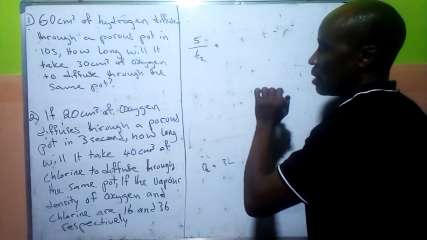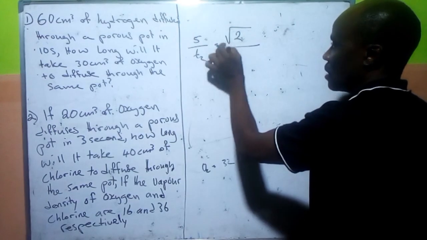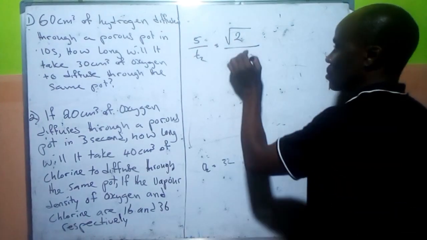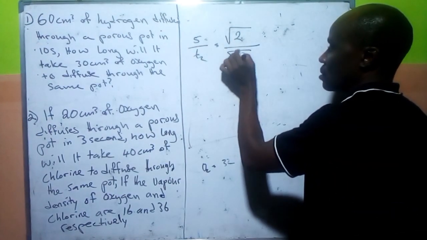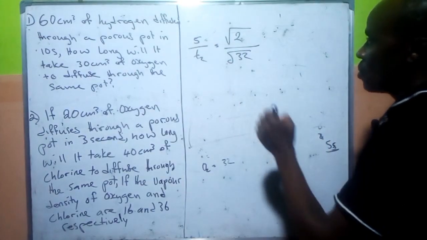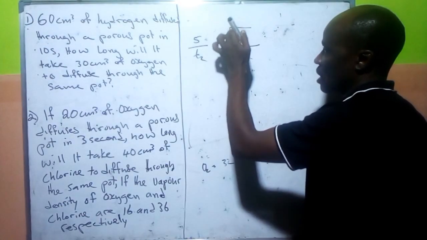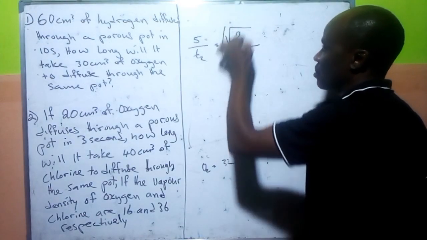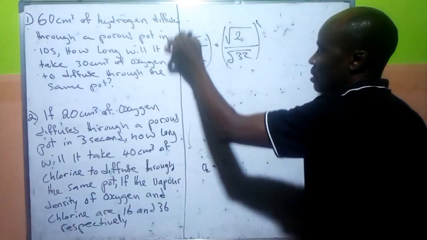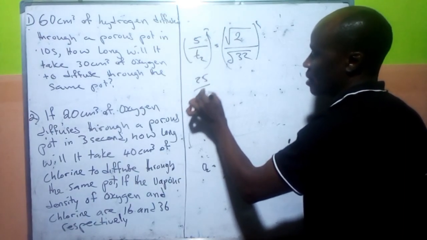The relative molecular mass of hydrogen is 2. That of oxygen is 32. That is what we have. So to get this done, to open the square root, we square both sides. If we square here and square here, we will have 25 over d squared.